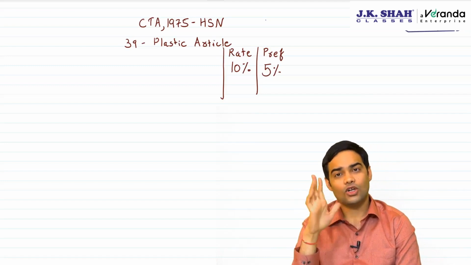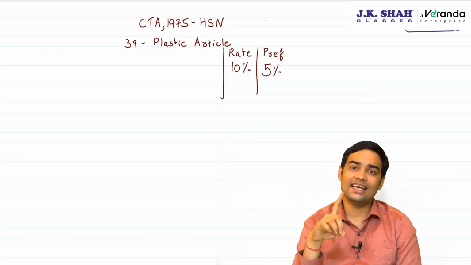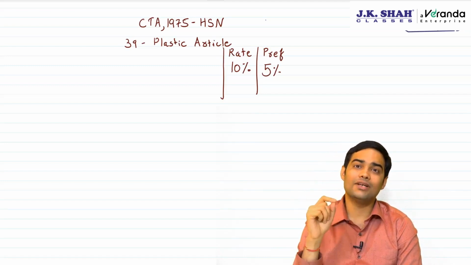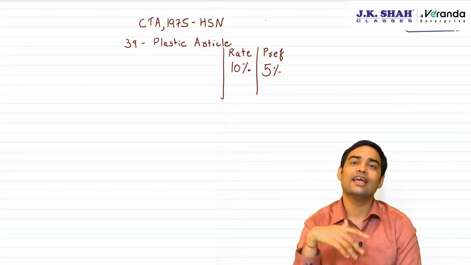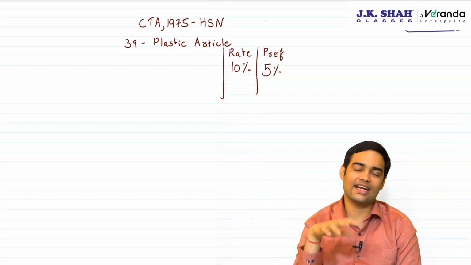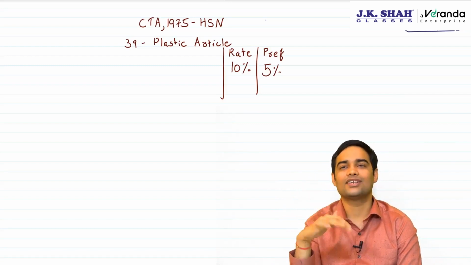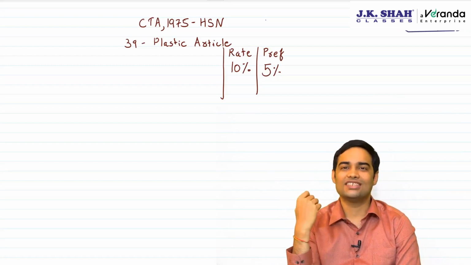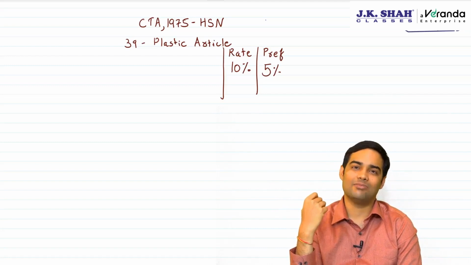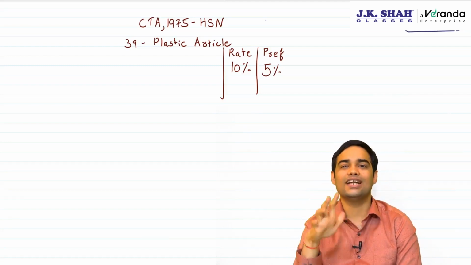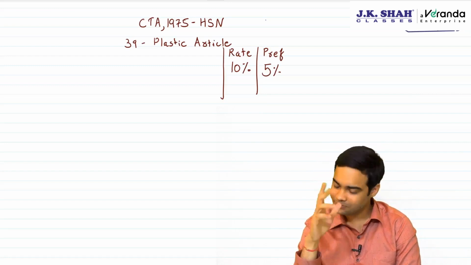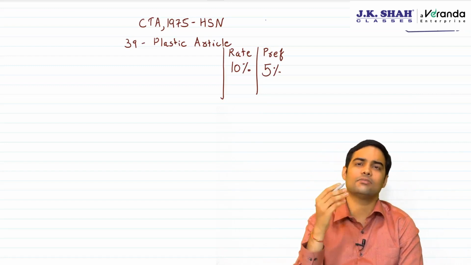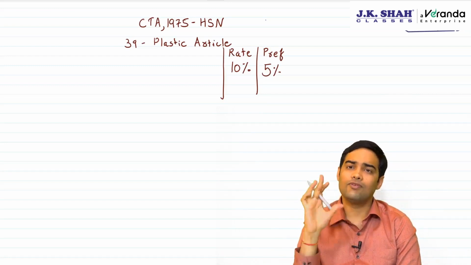Plus, government also clearly provides that in case you have not claimed it while importing it, that is while filing your bill of entry, if you don't claim preferential rate, later on you cannot come back to government and say that preferential rate would have been available to me. So the claim has to be done at that particular point only. Clear with this? Okay.